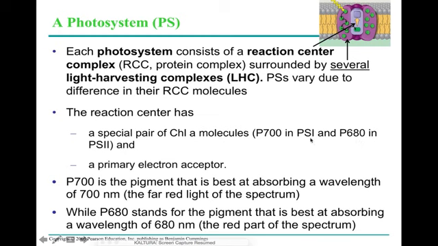Now what is the 700 and what is the 680, right? These are the wavelengths of light which are used by these chlorophyll pigment molecules in the photosystems. So P700 is that pigment that is best absorbing the wavelength around 700 nanometers, which is towards the far corner of the red light, means lesser energy.